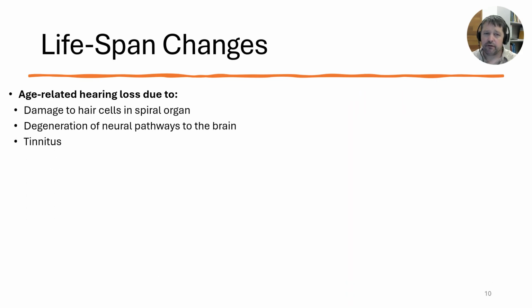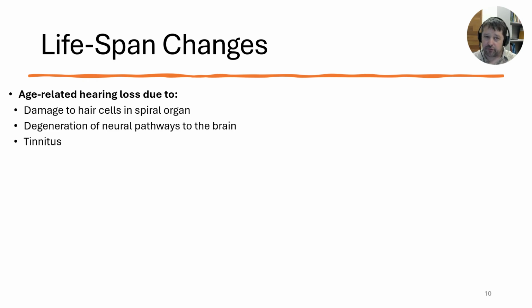All right. Let's talk a little bit about the last lifespan changes that have to do with sensories in general. Of course, hearing loss. Hearing loss is big. Most of us have elderly parents or grandparents that are related to hearing loss. There are a couple ways at which hearing loss can happen.